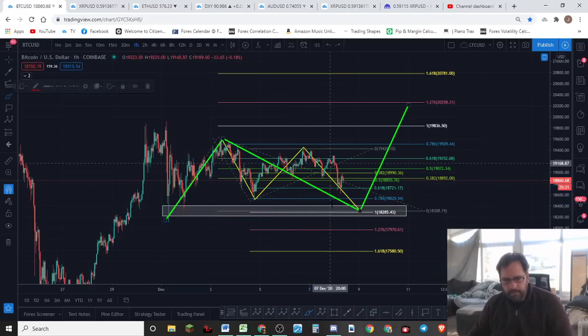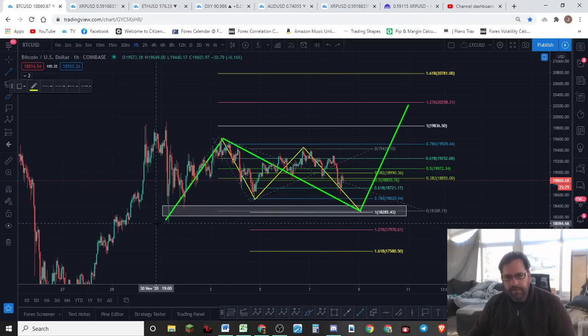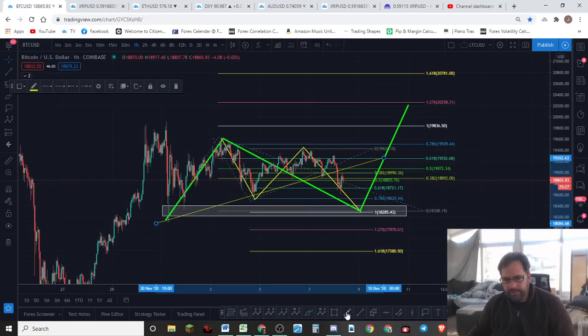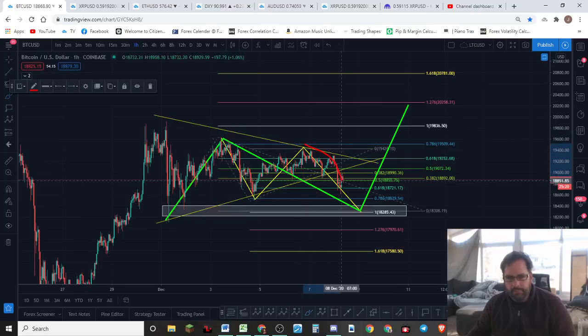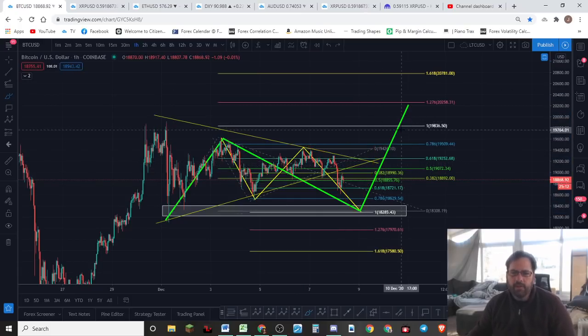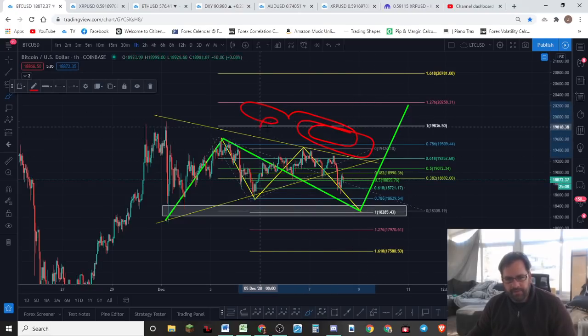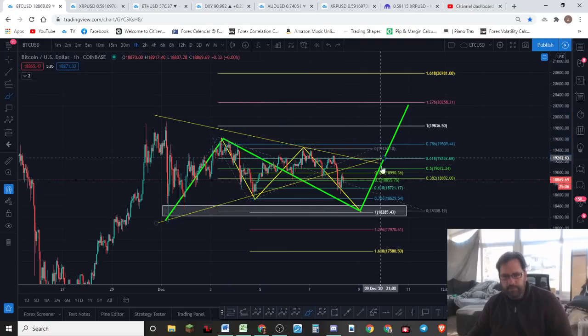Let me draw it neatly here so you can see the way retail traders are thinking about this. Price action basically says it breaks down and then goes straight up, and people would just look at that. We got a fake out, and then a move to the upside, and so everybody goes long here.